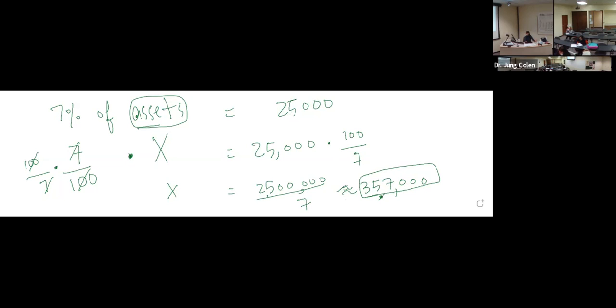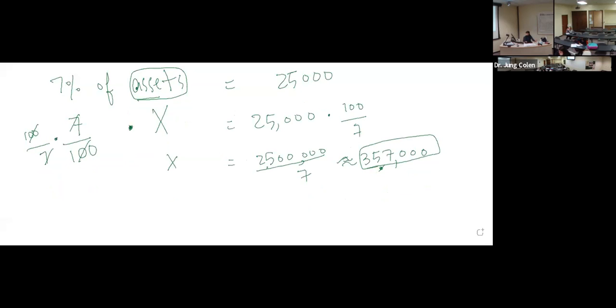Okay. To check your answer, you can resolve the same problem going backwards this time. So how about you do this way? 7% of the asset is given, 357,000. See if it is closer to 25,000. Okay, we are checking this time.